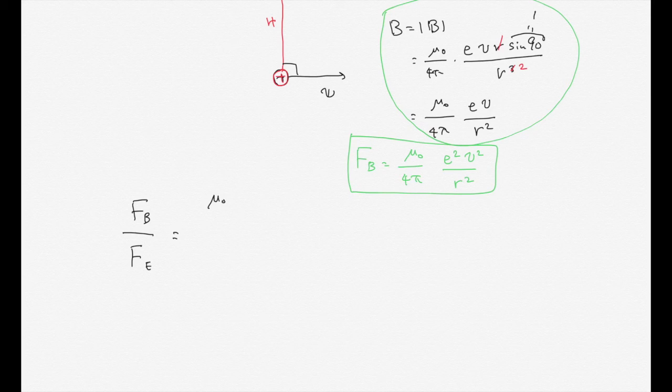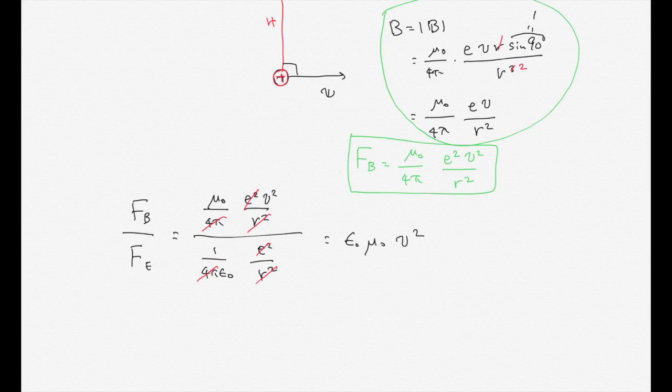Then you can just substitute mu naught over 4 pi e squared v squared over r squared over the electric force, 1 over 4 pi epsilon naught e squared over r squared. Then you can see the 4 pi appears in both the numerator and the denominator, and the e squared and r squared are cancelled out. Then it becomes a really simple form, epsilon naught mu naught v squared.